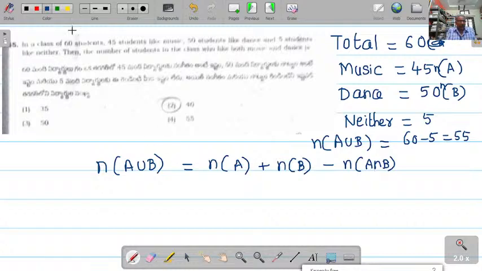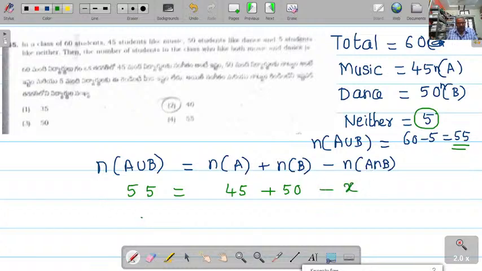How to evaluate it? Let us substitute. n of A union B is 55, because 5 are neither proficient in music nor in dance. n of A, proficient in music, is 45. Dance is 50. n of A intersection B, say x, we need to find.